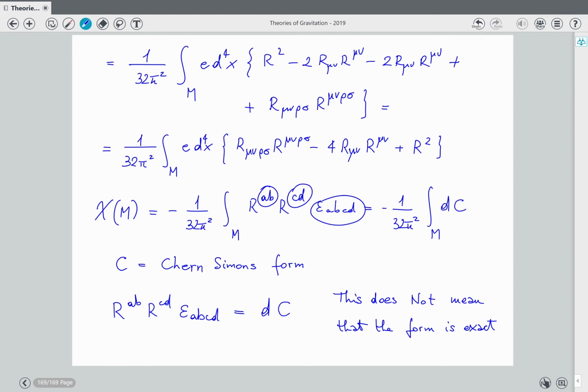You need to use them, which means that it is also written locally. So it's a form from the point of view of space-time indices, but it knows about the tangent space of the open set where you are working.